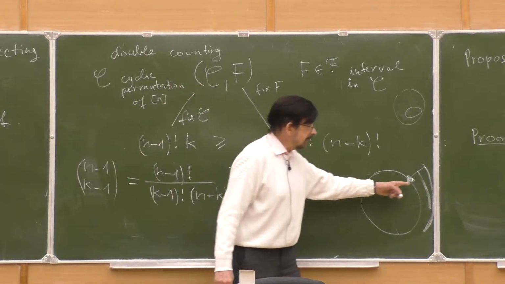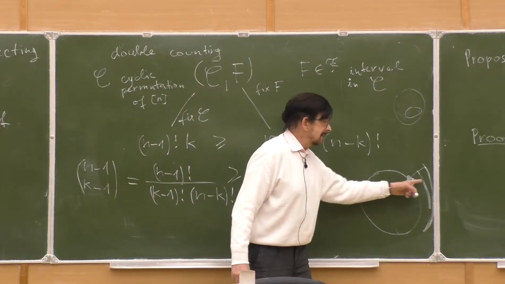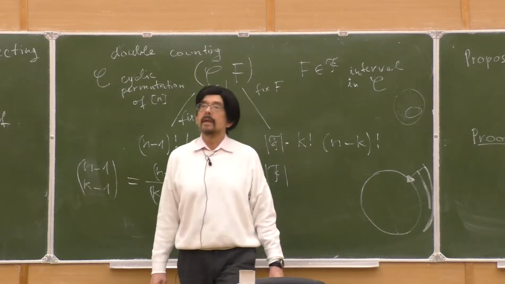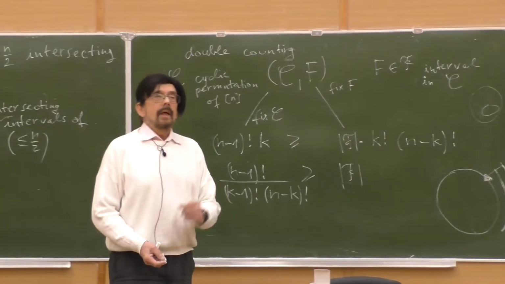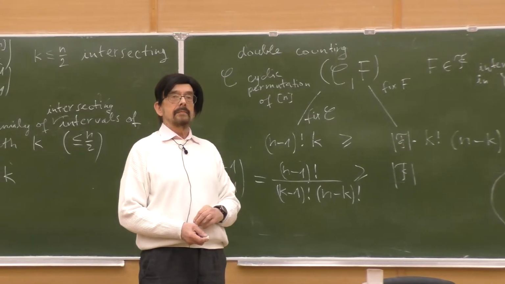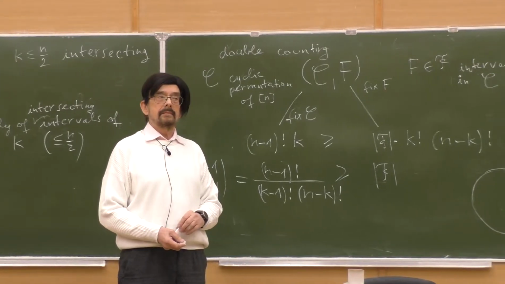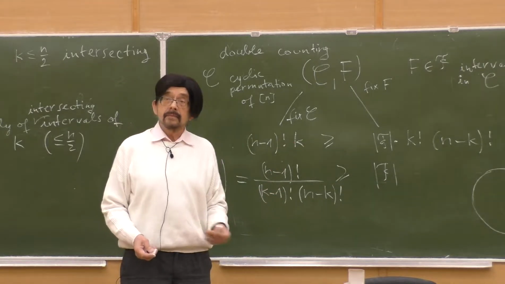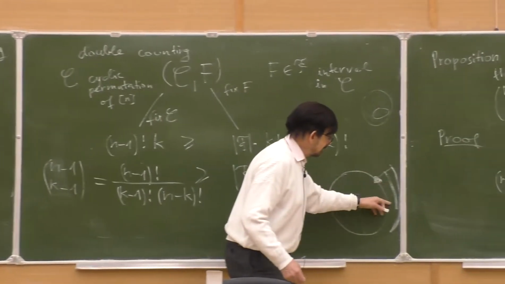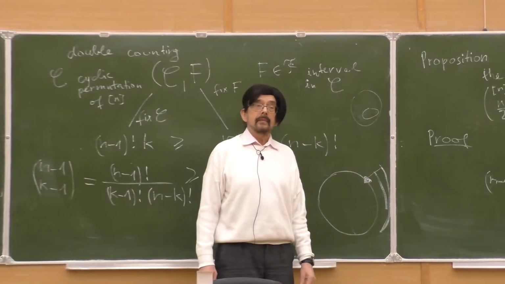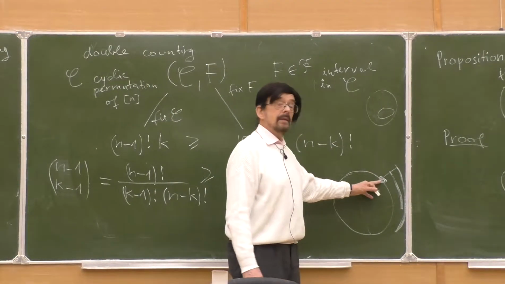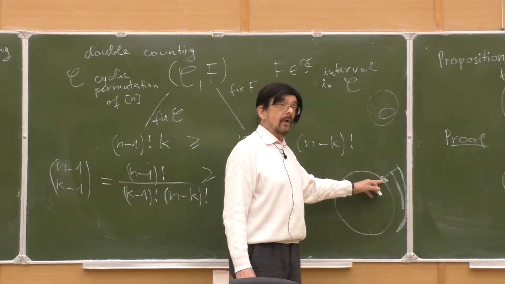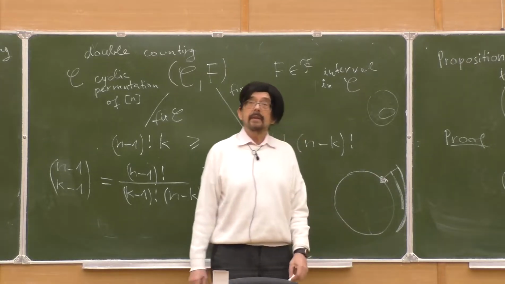So I consider two sets starting from the same point. Can we have both of them? No, because this is a subset of this one. So we can have only one set for every point.